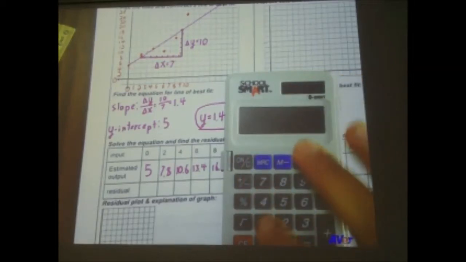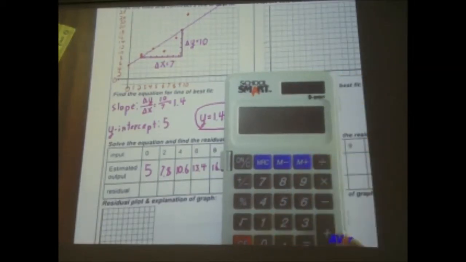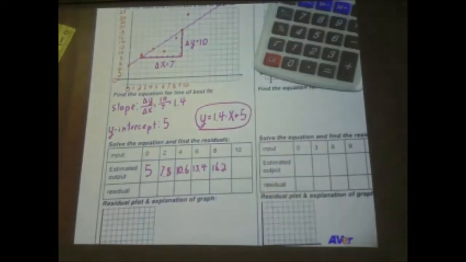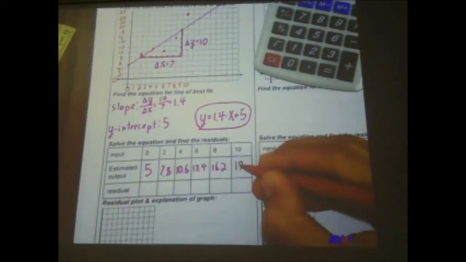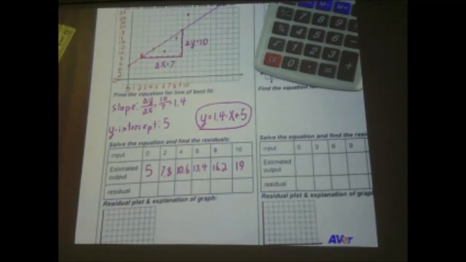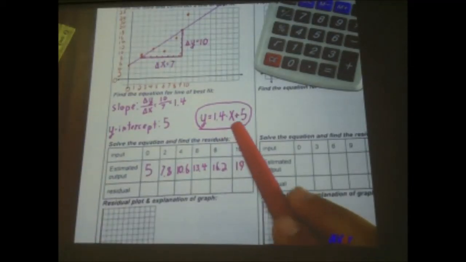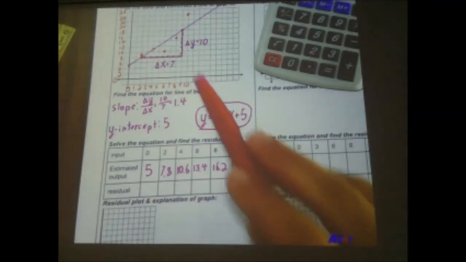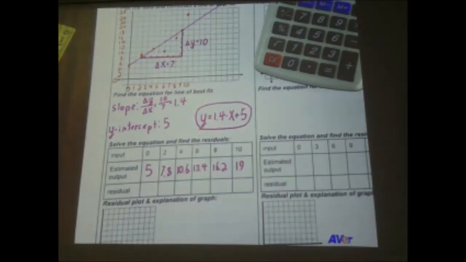And lastly, 1.4 times 10 plus 5 equals 19. So that's our estimated data. That's the data we got from an equation that we got from our line of best fit.